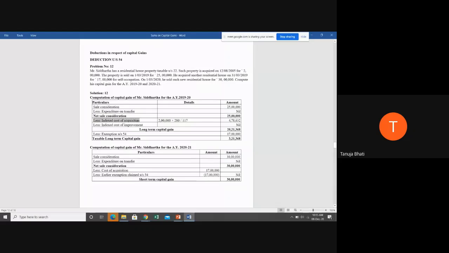Less, indexed cost of acquisition. How do we calculate indexed cost of acquisition? Cost of acquisition into CII of the year of transfer divided by CII of the year of acquisition. So what is the cost of acquisition? Such property is acquired in 2005 for 2 lakh rupees.